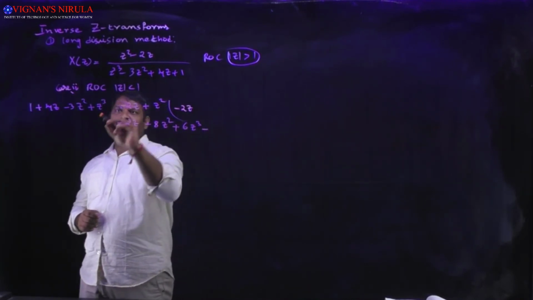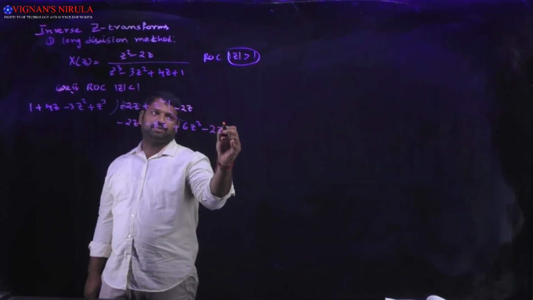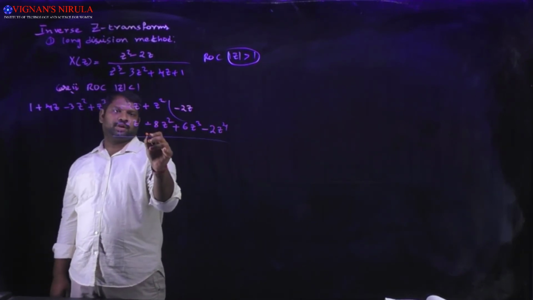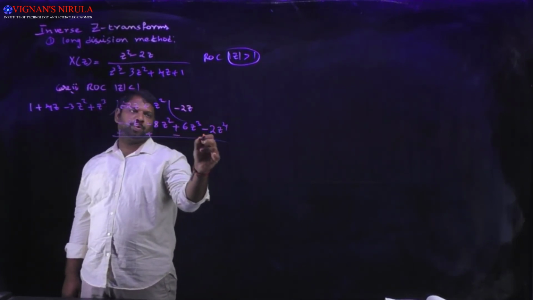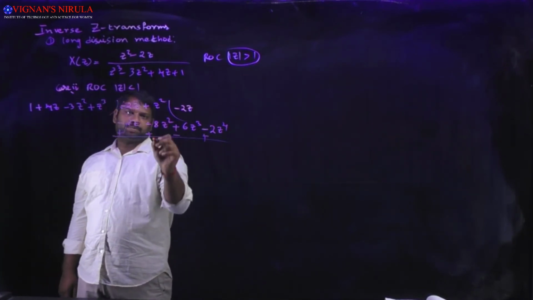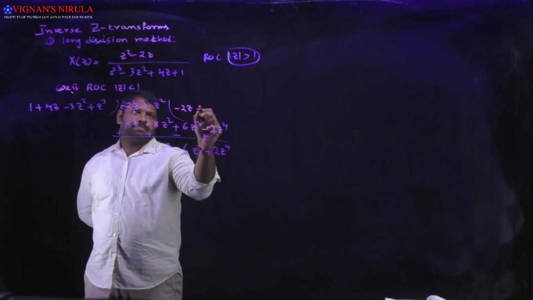Next minus 2 into 1, that's minus 2z power 4. Then positive here also positive, negative, positive. These two get cancelled. Then plus, it's 9z square minus 6.